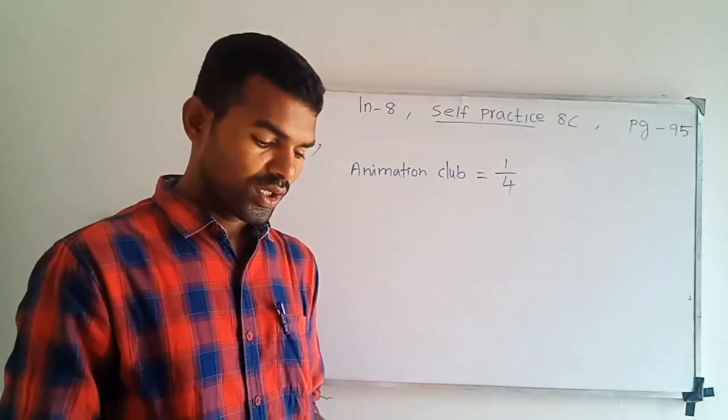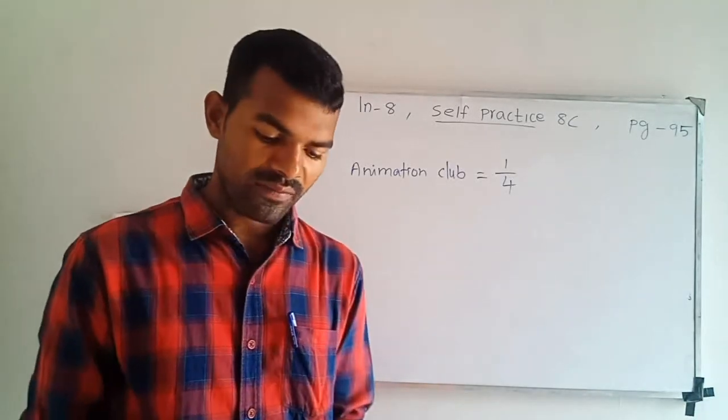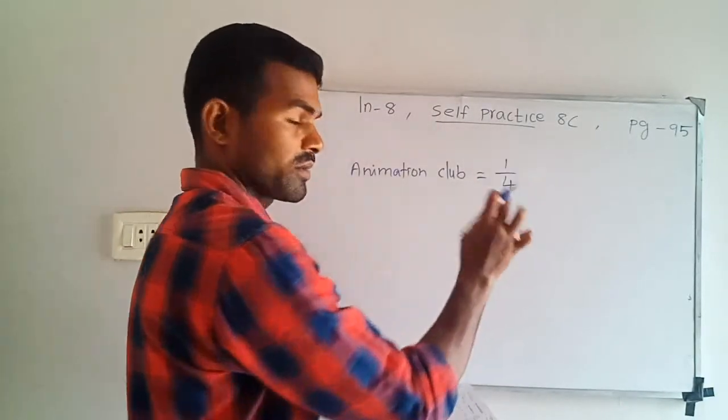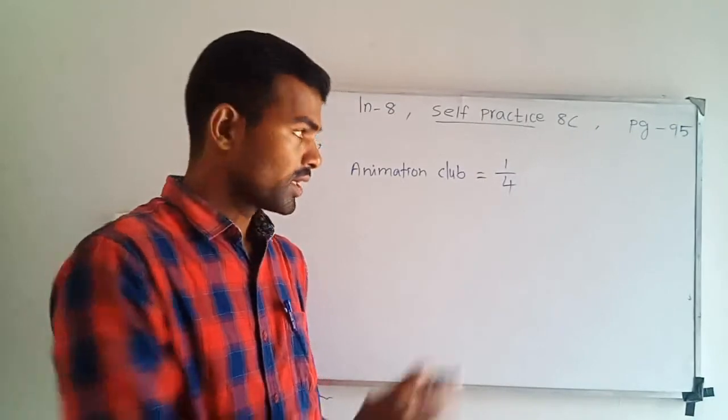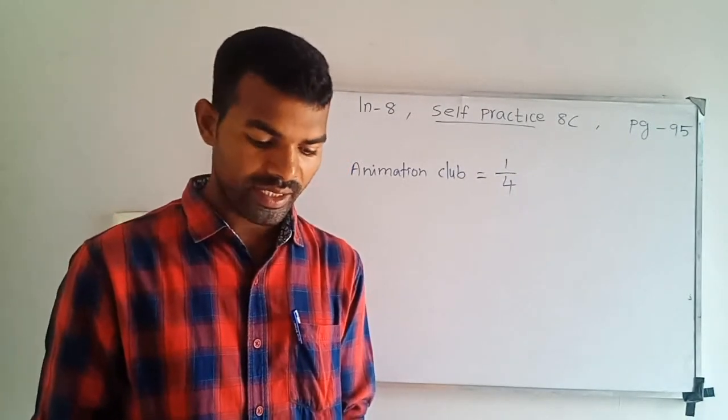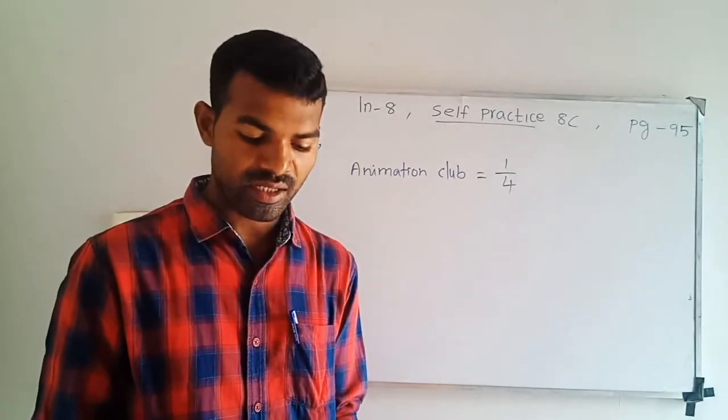Then afterwards, 2 by 5 of these students. So in the animation club, how much is there? From them only, 2 by 5 of these students are taking part in the movie making competition.